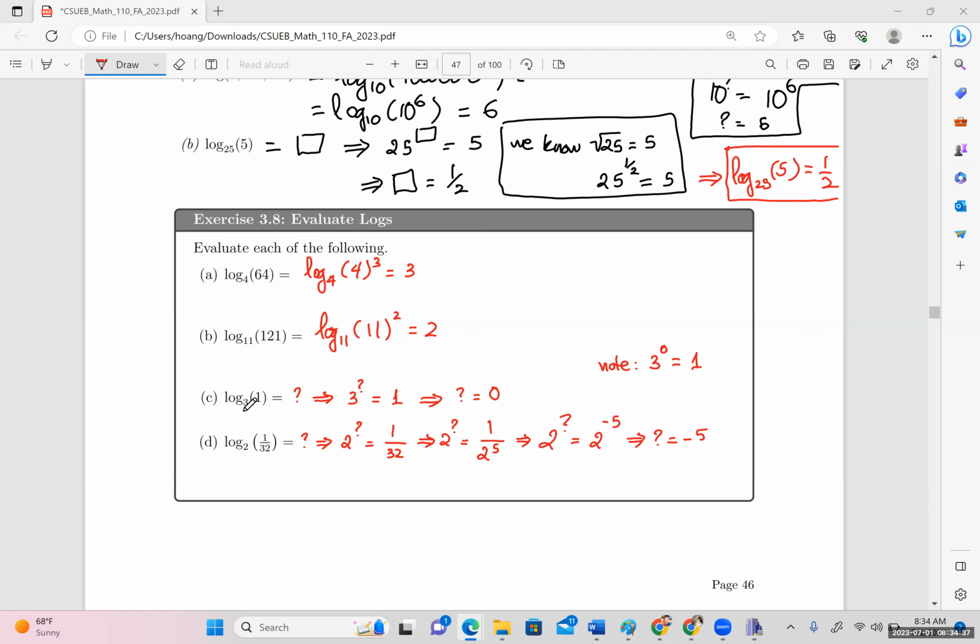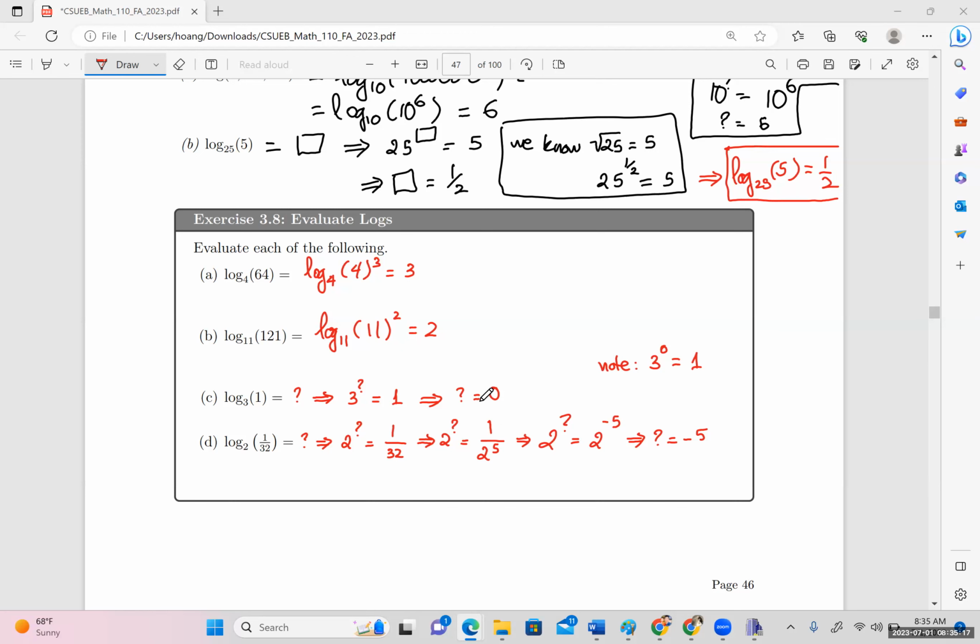The third case, you can also apply the handy property, but maybe if you couldn't figure out how to make this number 1 into 3 to the power of something, maybe you can write 3 to the power question mark equal to 1, and then you know that 3 to the power 0 will be equal to 1. That ends up with the question mark being equal to 0, which means log base 3 of 1 will be equal to 0.